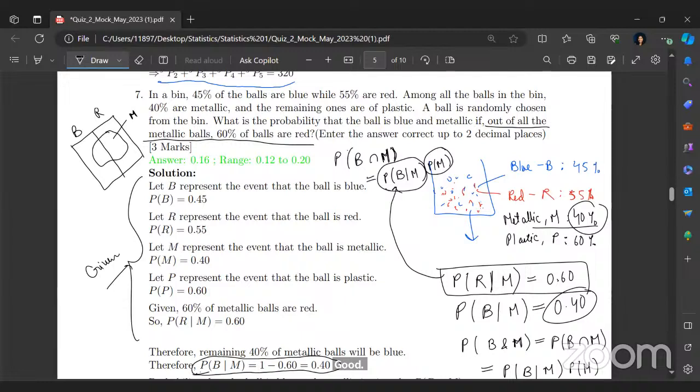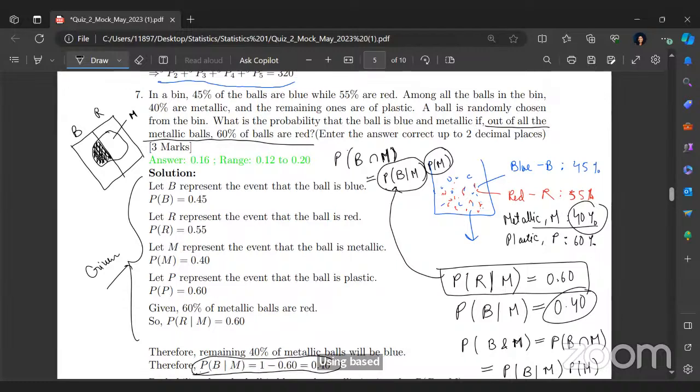What is asked is, what is the probability that the ball is blue and metallic? How will you do it using Bayes' theorem? I mean, using simple probability, it's much easier than using Bayes' theorem here.